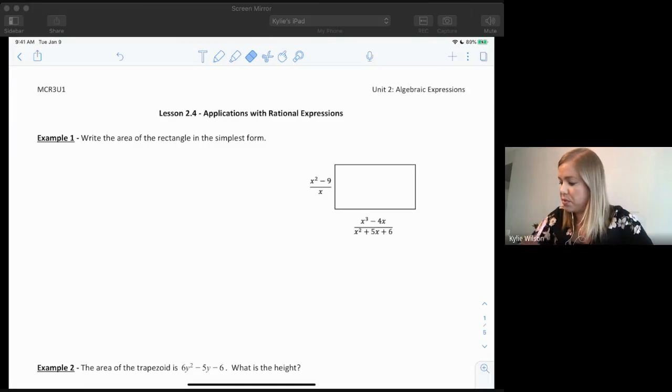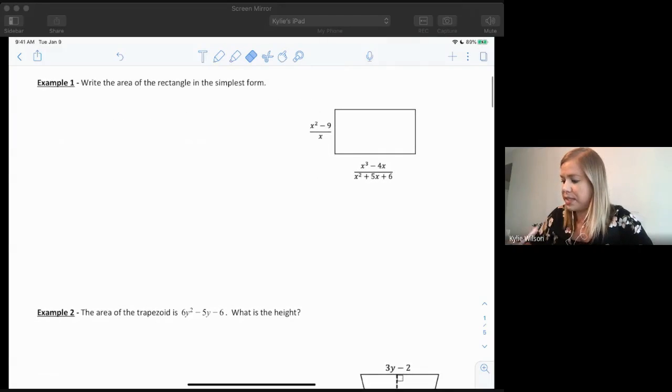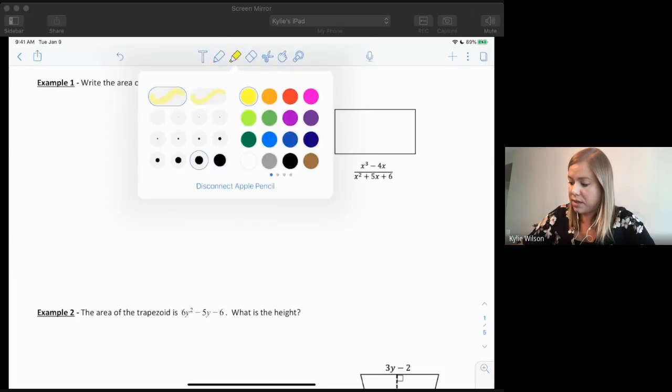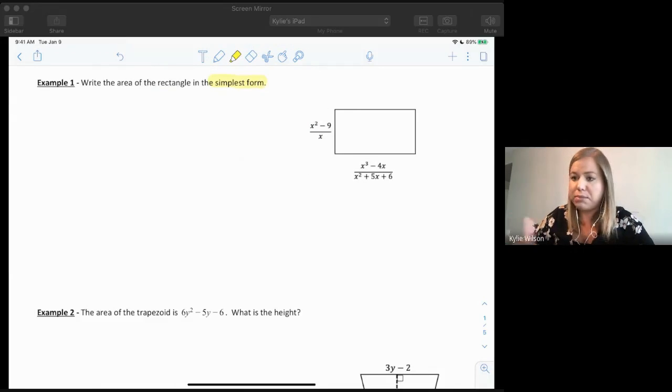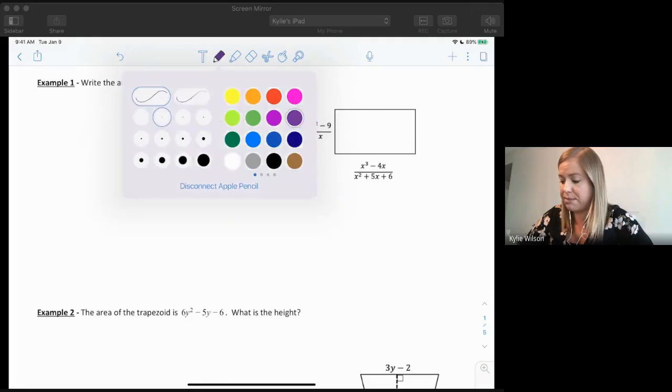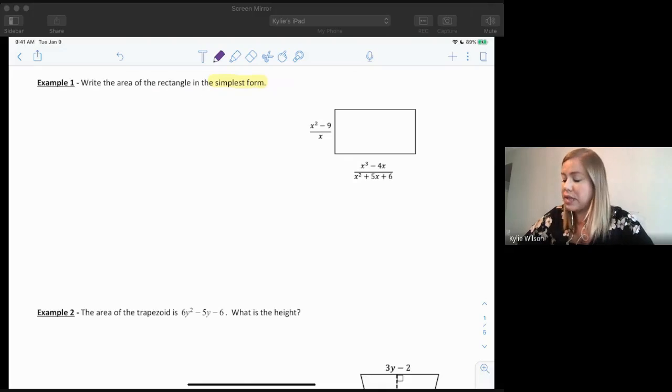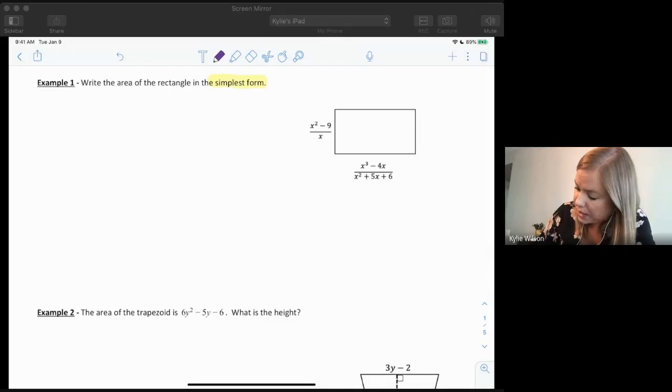So the first one here, we're going to be writing the area of the rectangle in simplest form. Okay, so this part's really important, the simplest form part. So we just need to make sure that we simplify it as much as absolutely possible. So let's start by writing out the equation of our area of a rectangle.